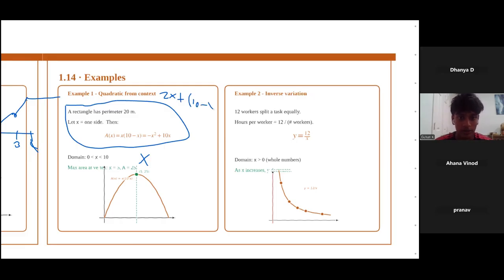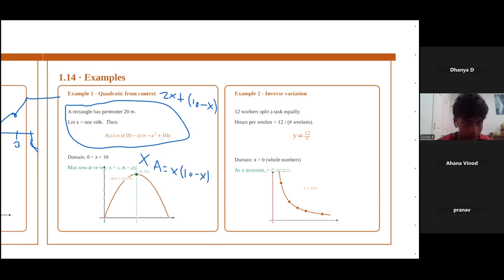Then A of x equals, for the area, A equals x times 10 minus x. And as you can see here, it's negative x squared plus 10x.